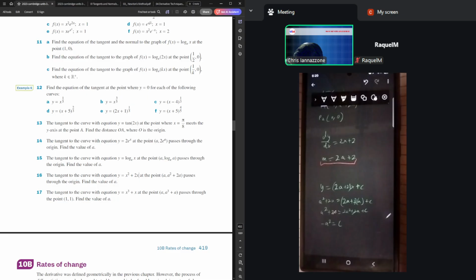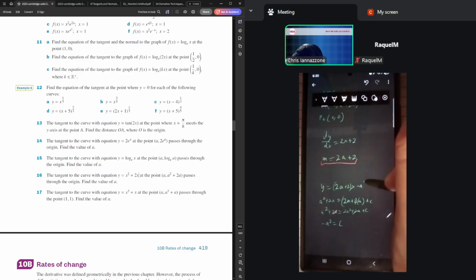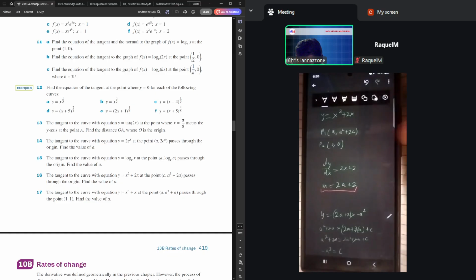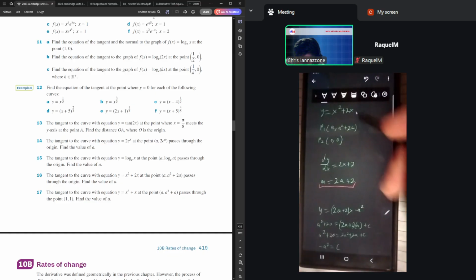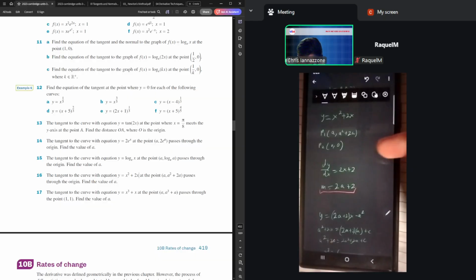That's perfectly fine for a tangent line. That is the generic tangent line for this quadratic. Whatever spot you want to find the tangent at, you just plug in that a value and you get the tangent line for it, which is pretty neat. So that would be what we would do to get the full tangent line.